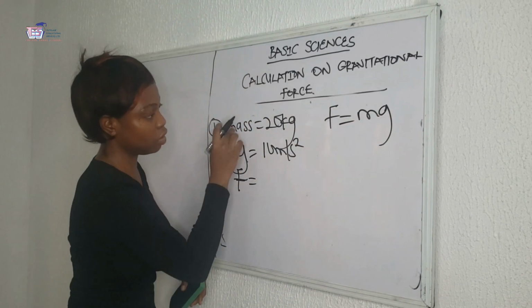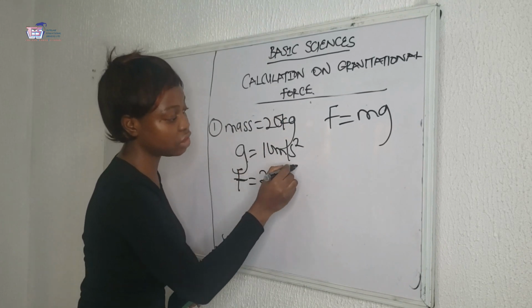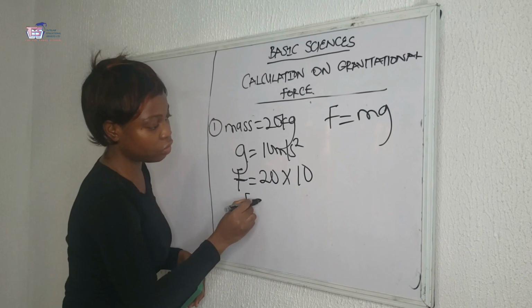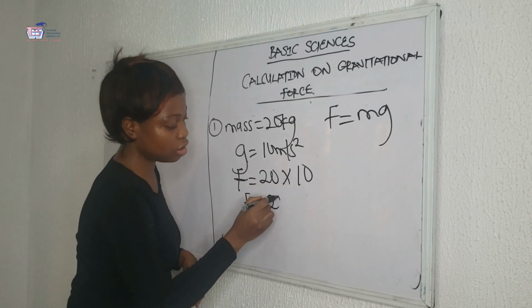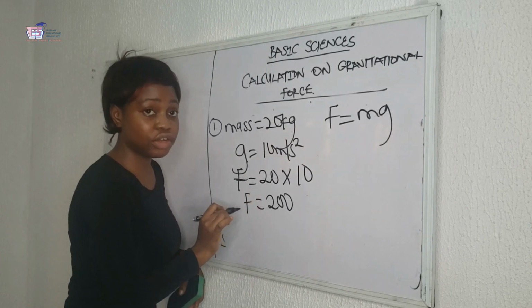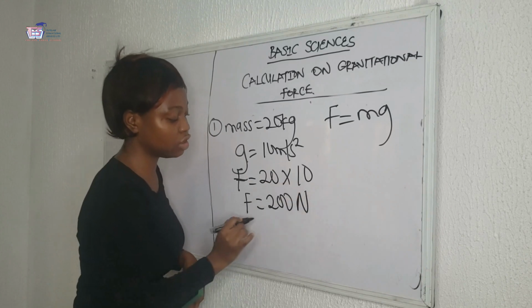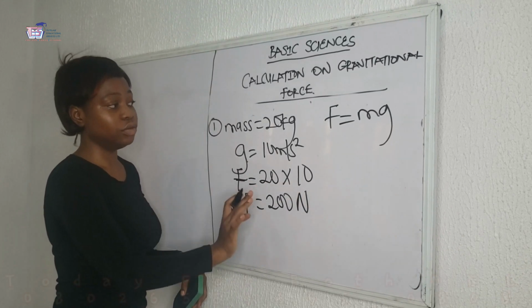Therefore, we say F equals the mass times the acceleration due to gravity, which is 10. Therefore, F equals 20 times 10, which is 200. Remember to always put the unit. The SI unit for force is Newton, so you put the capital letter N ahead. So we have 200 Newton.